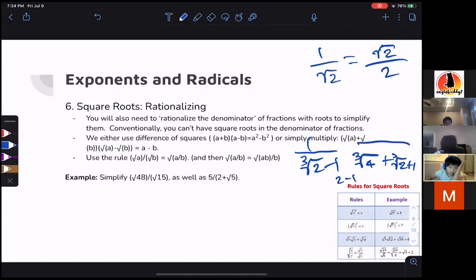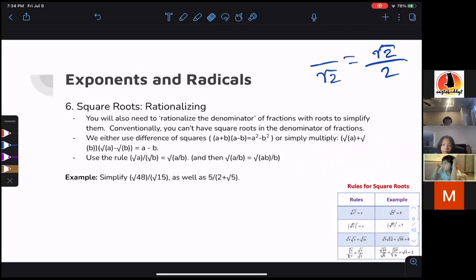And that's how you rationalize the denominator for some cube roots. But you don't really need to know that at this level, because you won't be dealing with that much, and you don't know the factorizations well. So yeah, just stick to remembering how to rationalize the denominator of square roots for now.